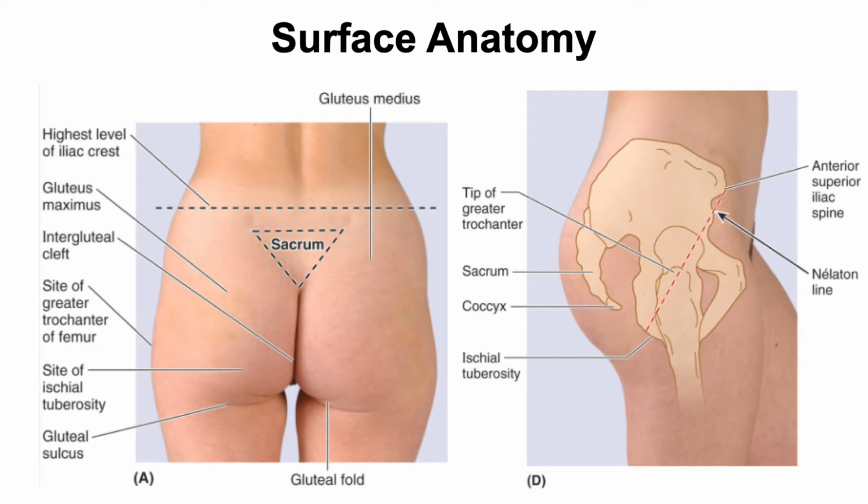Then if you move laterally, you can actually palpate the iliac crest, and you should also be able to feel that iliac crest when a patient is on their stomach. You also have the intergluteal cleft or the butt crack, but really the iliac crest and the ASIS are going to be your most palpable areas of the hip. Now you can feel portions of the femur and you can feel portions of the sacrum and coccyx, but of the hip, ASIS and iliac crest are really your two main ones.